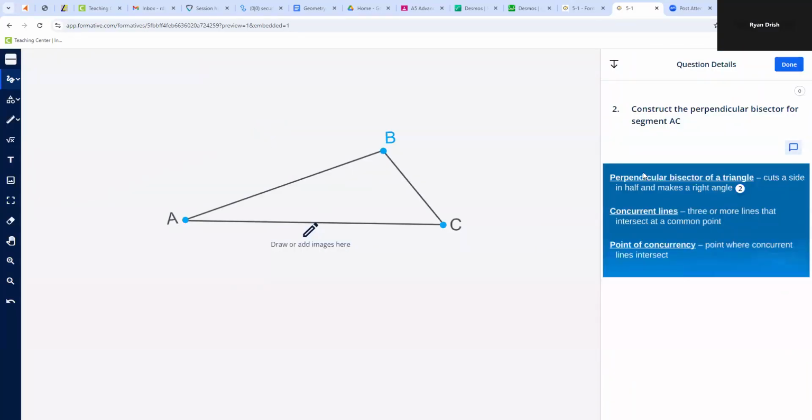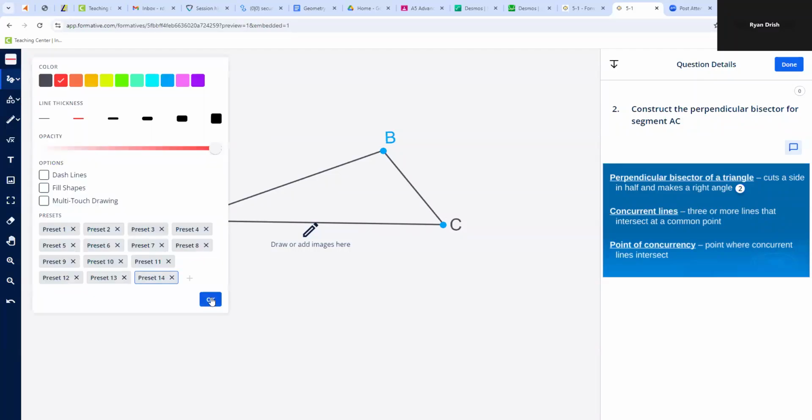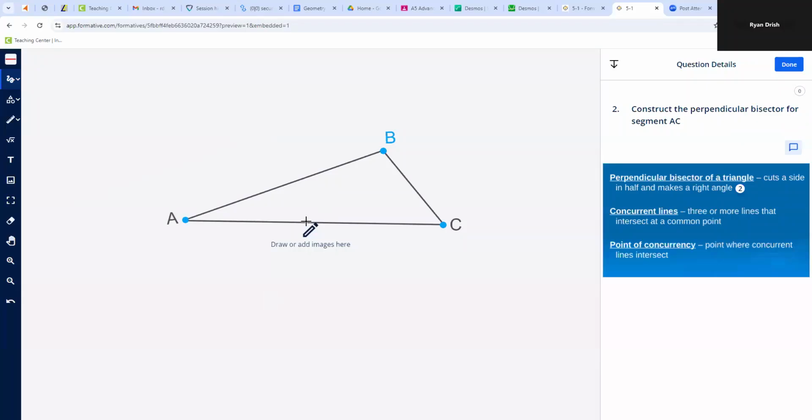So if I had a triangle, and I asked you to construct the perpendicular bisector for segment AC, what that would entail is finding the midpoint of AC. We want to bisect it. So let's say here's the center. If this is the midpoint, we can say that this side is congruent to this side. And then perpendicular means it needs to make a 90-degree angle.